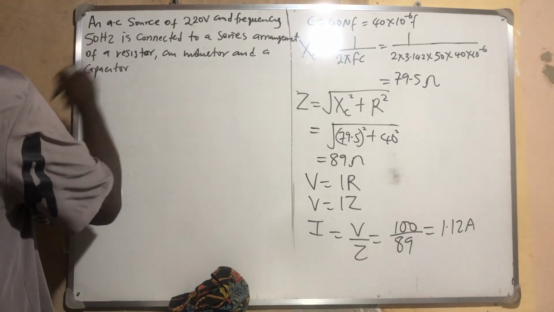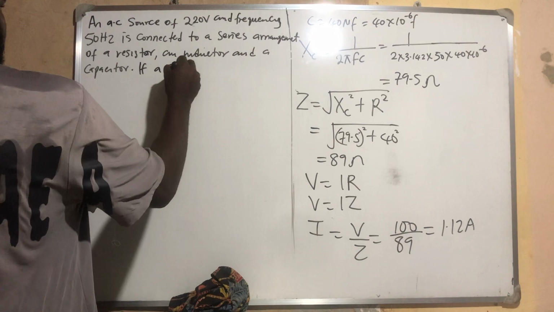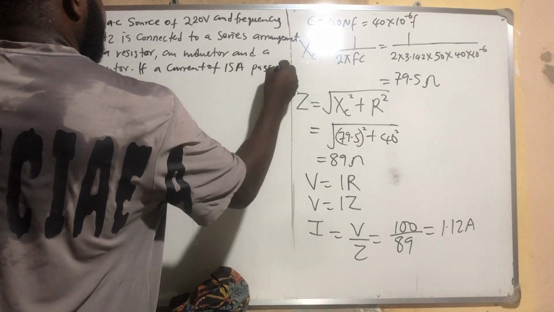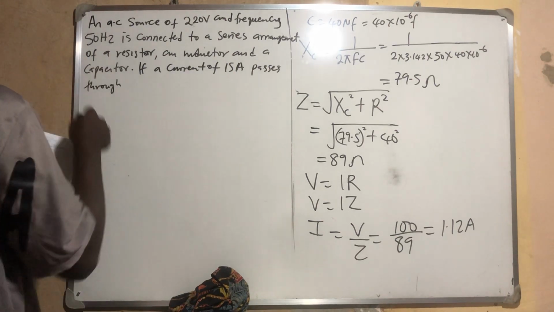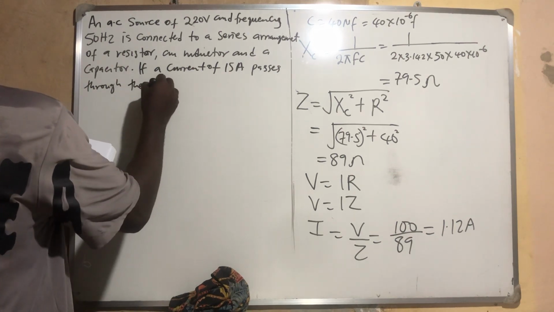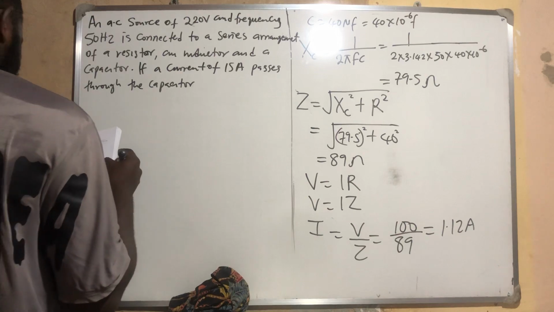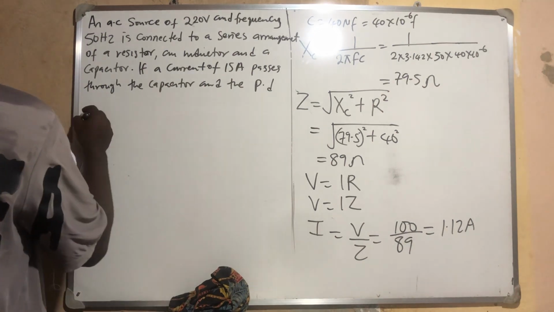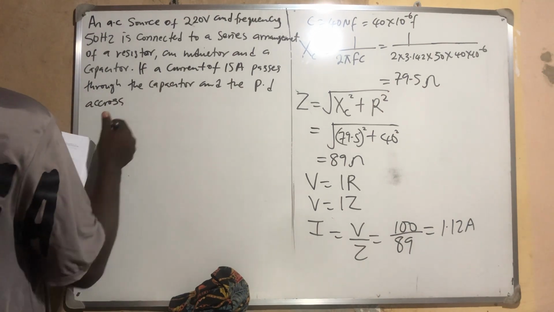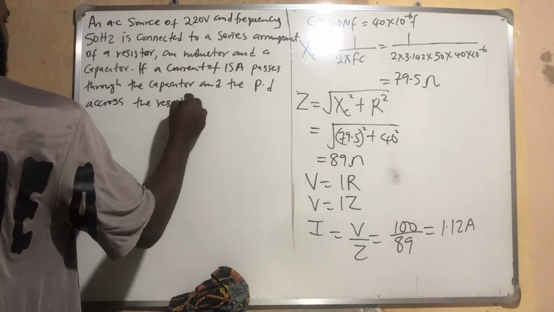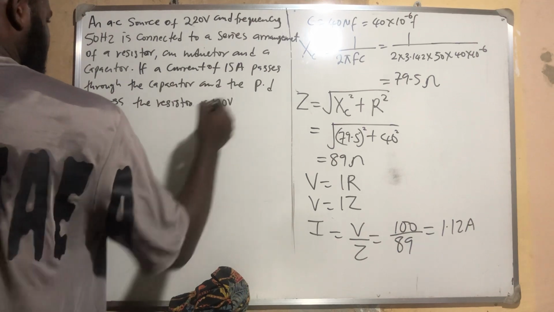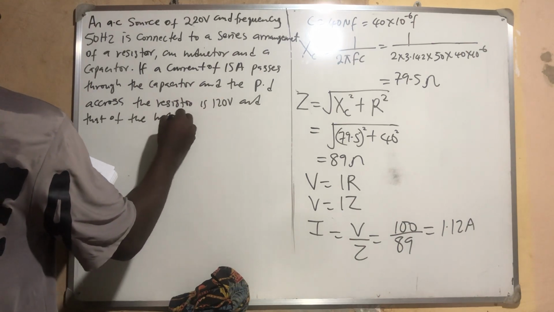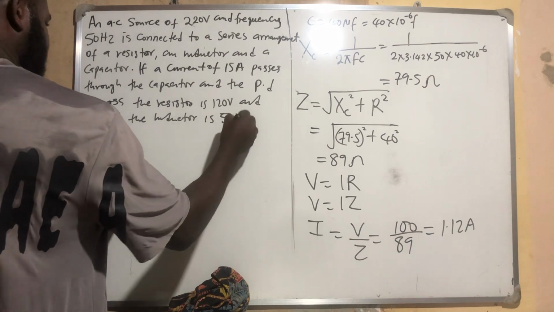If a current of 15 ampere passes through the capacitor, and the potential difference across the resistor is 120 volts and that of the inductor is 50 volts.